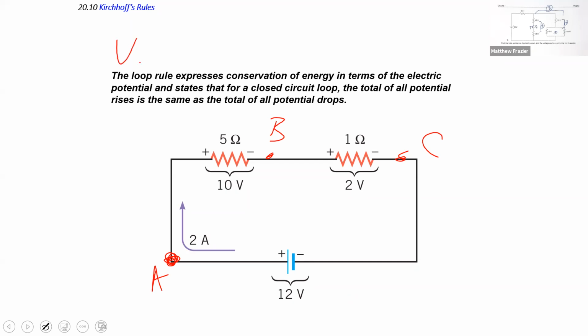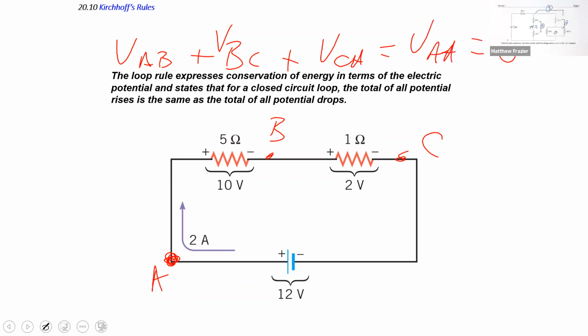So VAB plus VBC plus, and then now we're going C to A. You add them all up in the direction the current flows. That should be starting here and measuring there, VAA, which is 0, because a conductor has a constant potential across it.